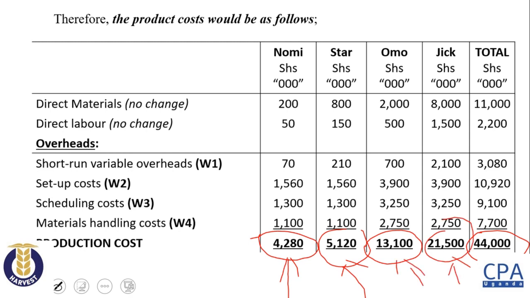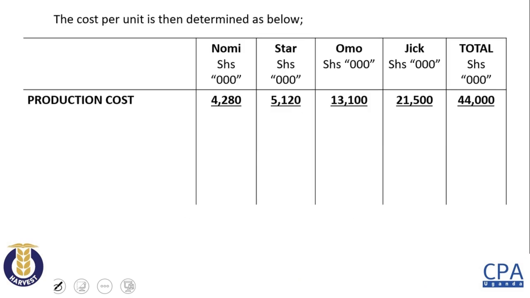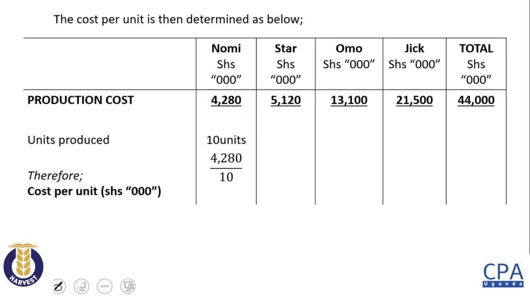So we want to know, as required in the question, what is the unit cost for each product. So here we bring our production cost, and the number of units produced. For Nomi, I divide the 4,280,000 by the 10 units, and that gives me the cost per unit of 428,000. I do the same for Star, dividing the 5,120,000 total production cost by 10 units; you must be getting 512,000.